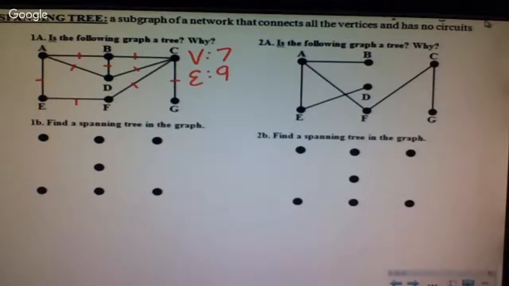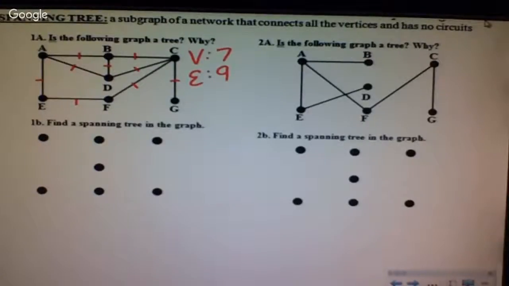Okay, so just looking at that picture, is it a spanning tree? No. A spanning tree says I need to be able to connect my 7 vertices with only 6 edges. Remember, my spanning tree shouldn't have any circuits.